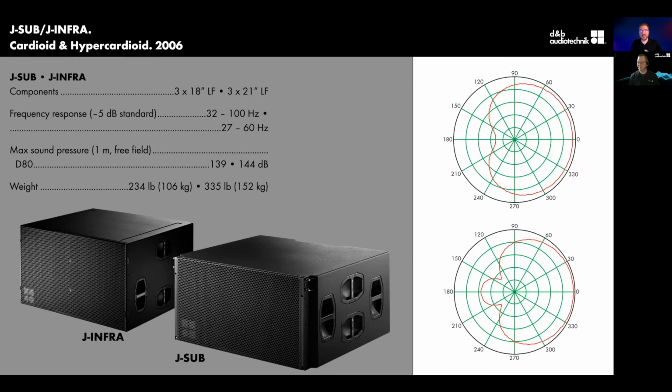So you could change the cancellation to the rear based on time, adding different filter sets to those subwoofers. Really, really flexible. Pattern control to really low frequencies, great rejection to the rear.